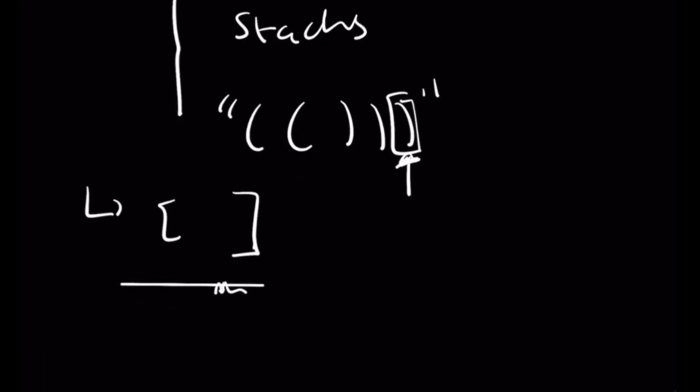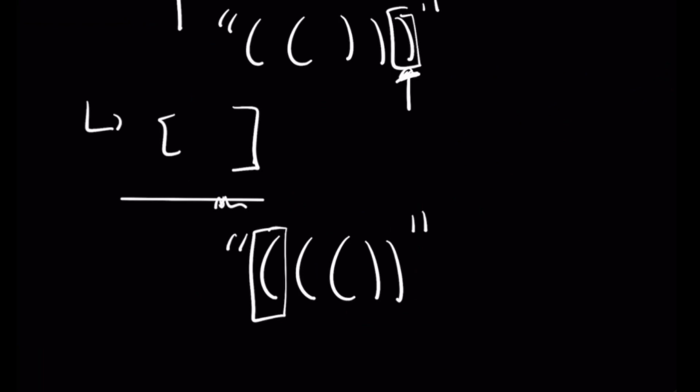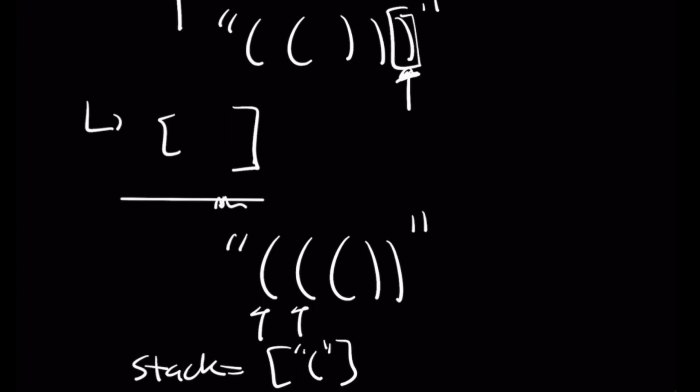In the given example, we had an unmatched closing parenthesis, but that's not always going to be the case. We can also have a case where we have an unmatched opening parenthesis. For example, like this, you can clearly see that this parenthesis is not matched. The way we check this is we iterate through again. We add this to the stack, move to the next one, and add another one to the stack since it's an opening parenthesis.